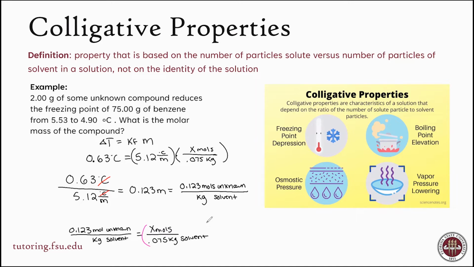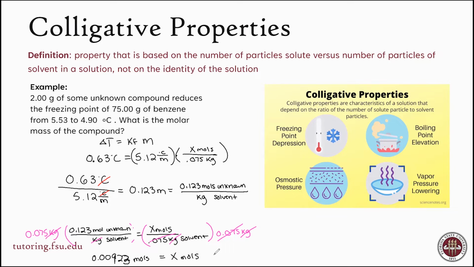Now we can multiply this 0.075 kilograms to both sides. Kilogram units cancel. And on the right, the numbers cancel to isolate X. We end up with 0.00923 moles of unknown is equal to X moles.